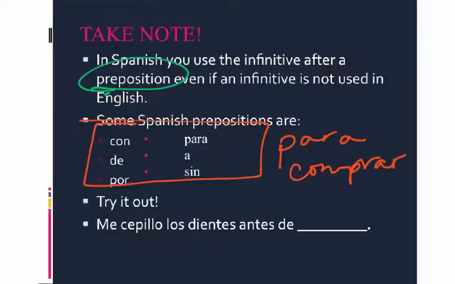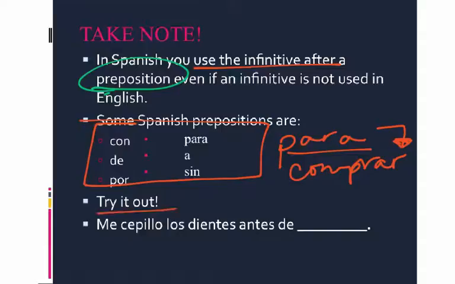I would never say voy a la tienda para compro because this is a preposition. So if there is a verb afterwards, then it's going to be in the infinitive form. So if you're using a verb in Spanish, you use the infinitive after a preposition. I could say voy a la tienda para bananas, okay, or plátanos, either one.